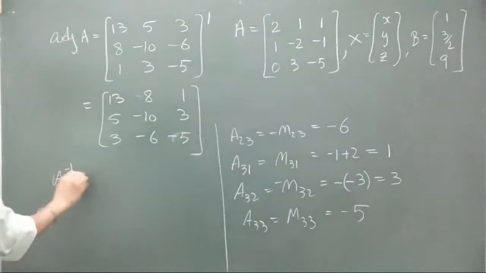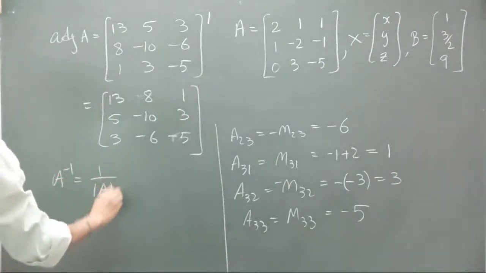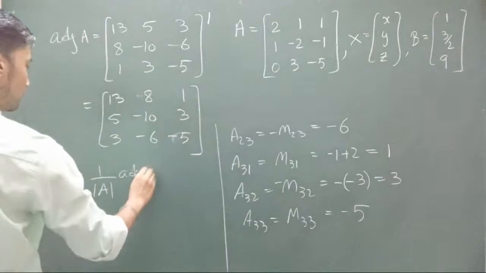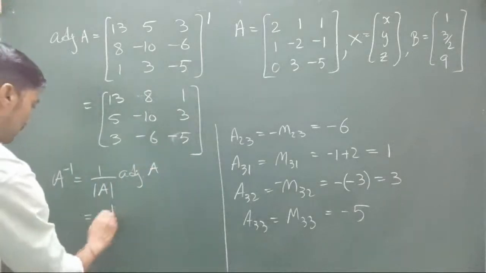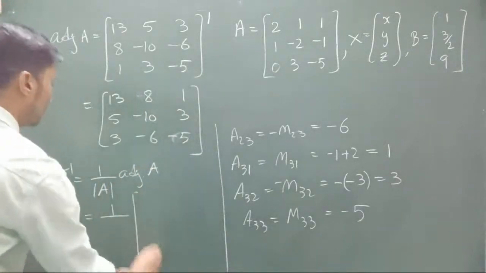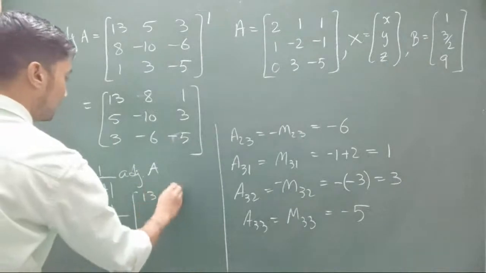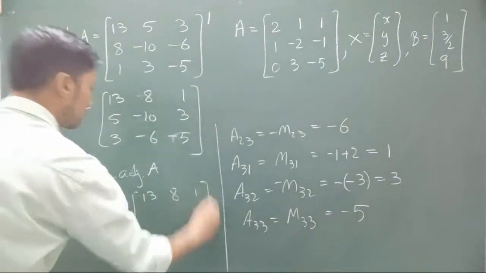So A inverse was 1 by determinant of A into adjoint of A. Can somebody tell me what was the determinant of A? I rubbed it off again. I'm very good in rubbing all this stuff.